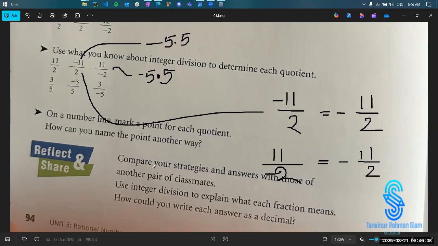And if here it's already negative, and here it's negative, minus 11 and then 2, then the negative negative will come forward, minus multiplied with minus, and then 11, then 2. So that time it will be positive 11 divided by 2.